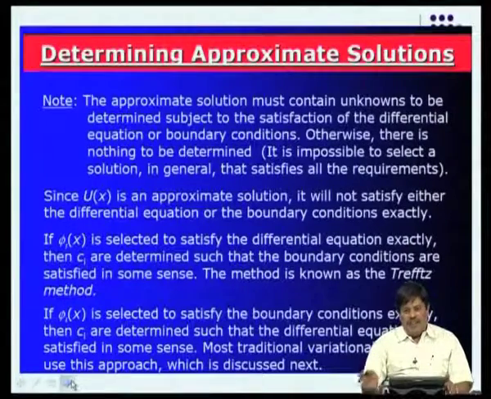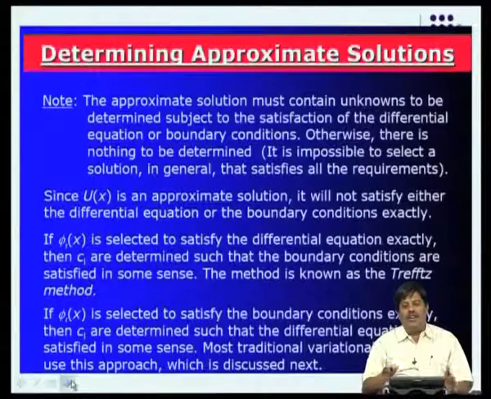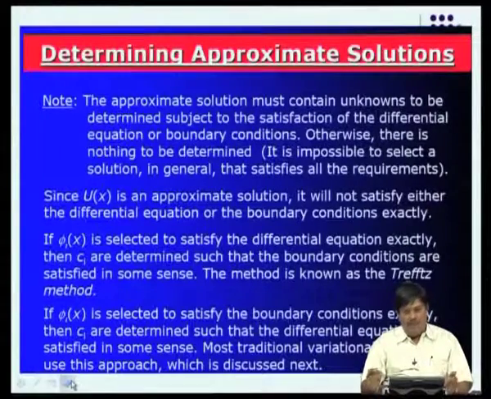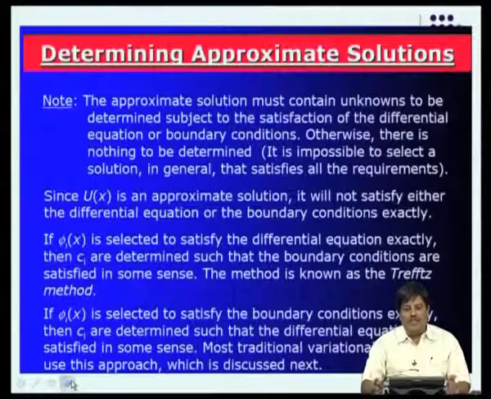Let us look at the second possibility. Suppose we choose phi of x which satisfies only the boundary condition exactly and does not satisfy the differential equation exactly, but satisfies it only in some approximate sense, and such a solution is also an approximate solution. And most of our variational methods are based on this, because it is easier to choose a function that satisfies the boundary conditions rather than the differential equations.